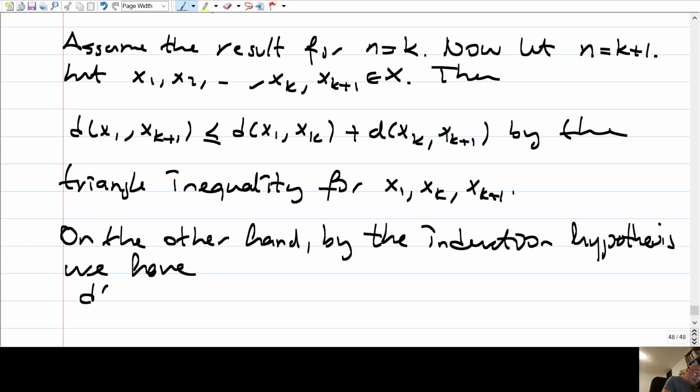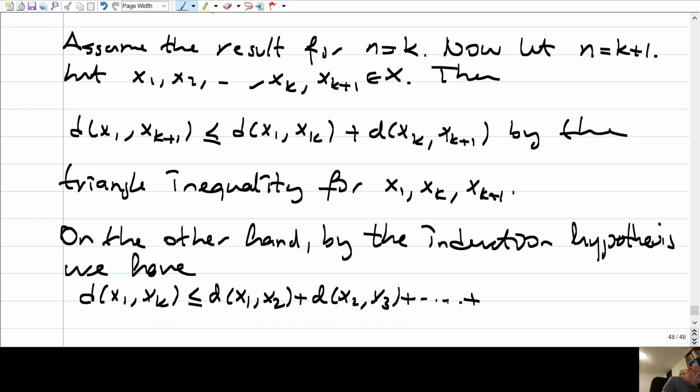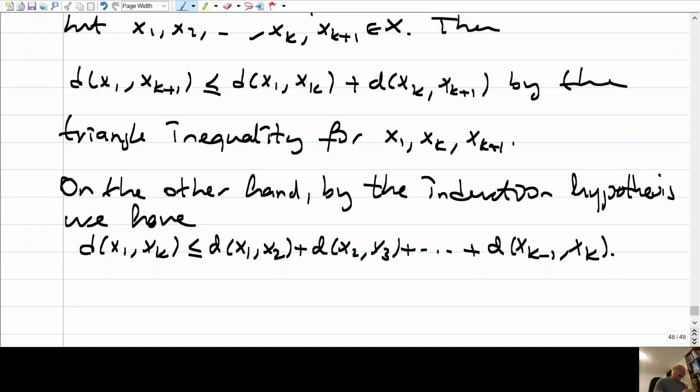So we have this: the distance from x1 to xk is less than or equal to d(x1, x2), d(x2, x3), up to d(xk minus 1, xk), right? We assume this. And if I take this one and plug it into the above inequality, we get what?